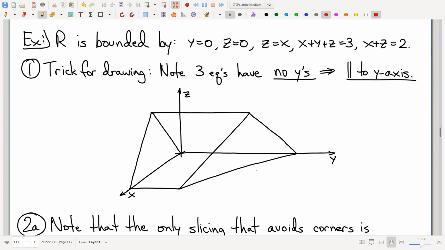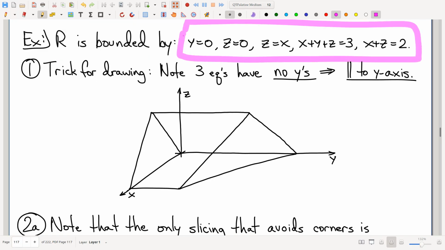Another example. Now this is another one that is geometrically challenging and artistically challenging. I'm going to start off by just the art side of it. So here, our question, we've got this region that's defined as being bounded by 5 separate planes.